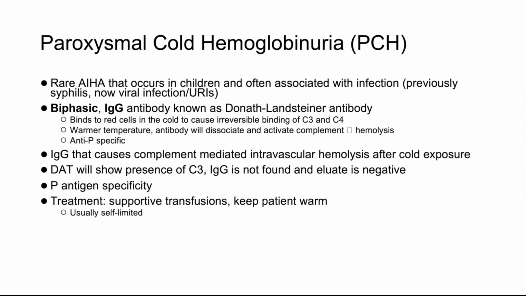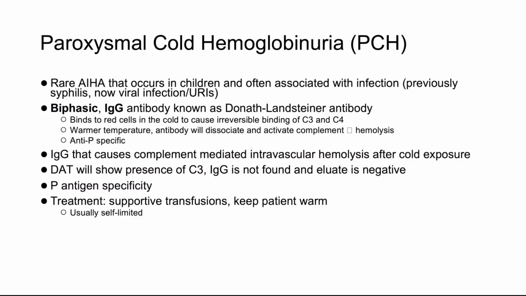So the diagnosis here is paroxysmal cold hemoglobinuria, and this is a rare autoimmune hemolytic anemia that occurs in kids and is often associated with infections, previously syphilis, but now it's mostly associated with viral infections and upper respiratory tract infections. This is due to a biphasic IgG that develops.